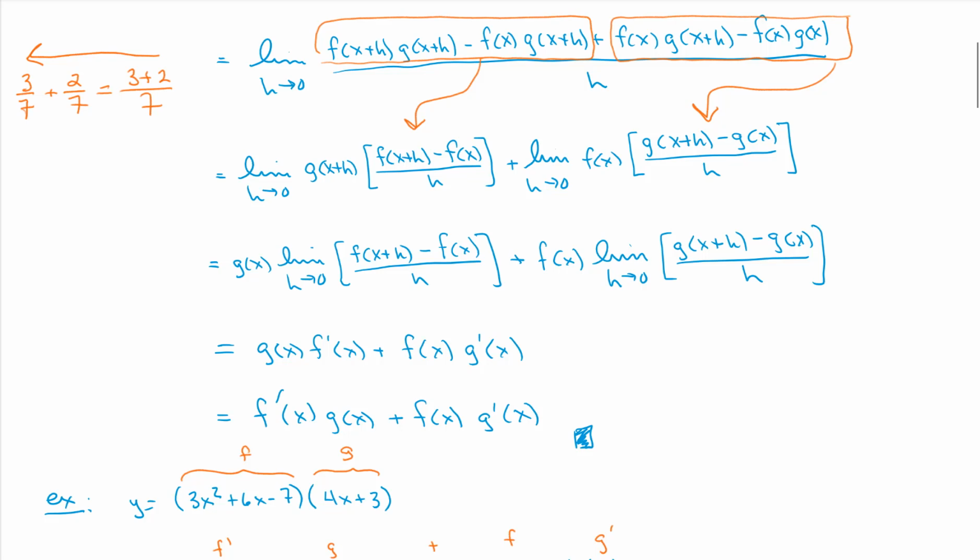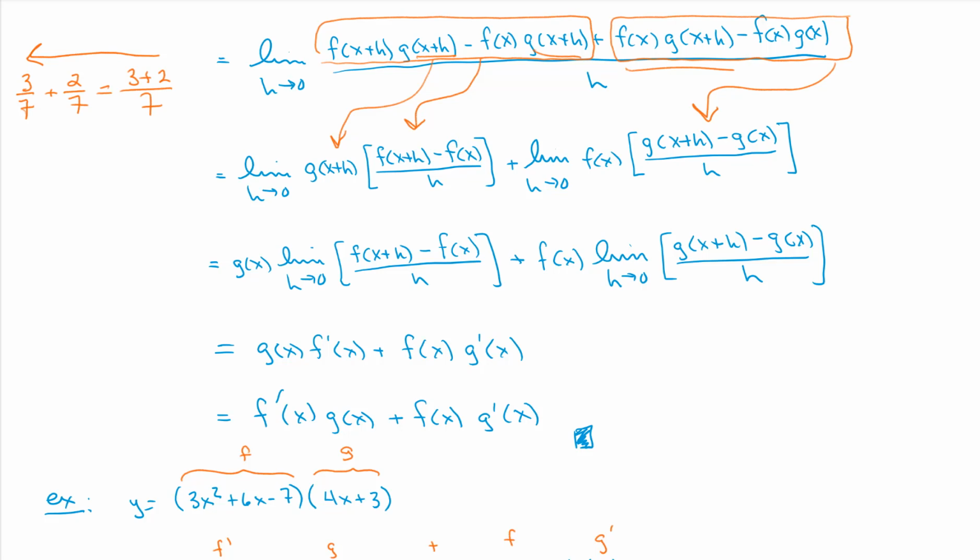When you look at these first two terms, notice they both have a factor of g of x plus h. I factored that out, leaving me with the f of x plus h minus f of x over h. For the second term, I still have a limit as h goes to 0.